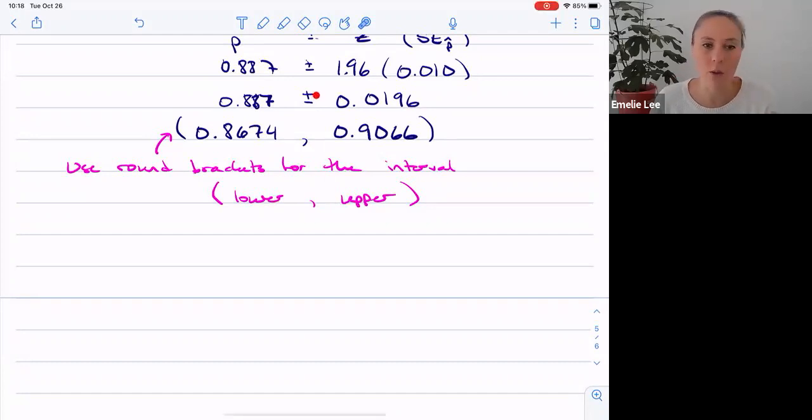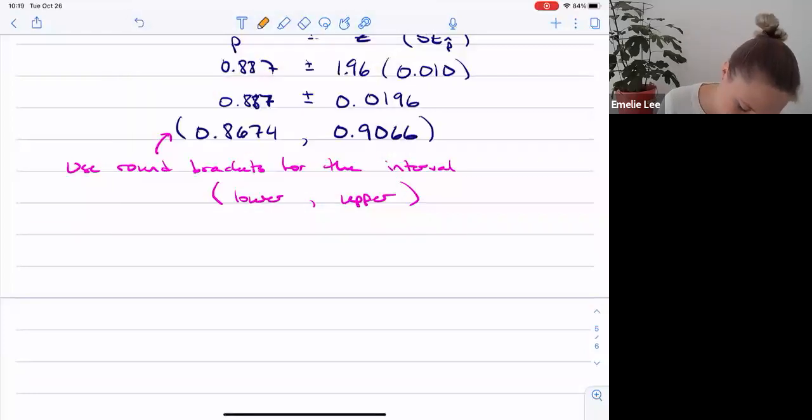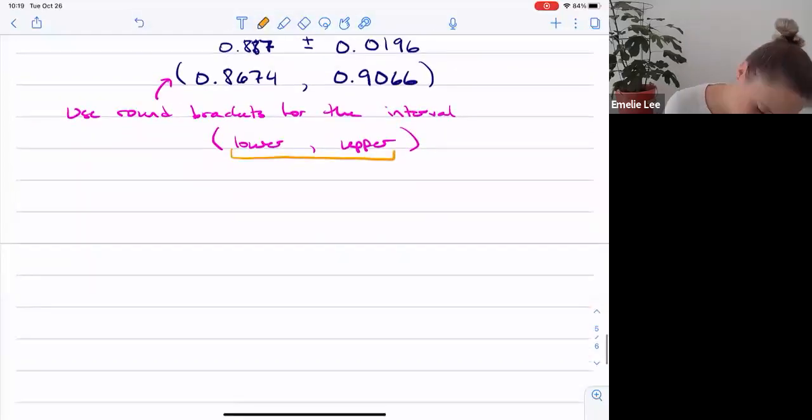One thing that throws people off a lot is that because it says plus minus, our minds typically go to doing the upper bound first, so 0.887 plus this, and then 0.887 minus this. But you have to make sure that you put the lower and upper bounds in their proper places. Order is really important here.